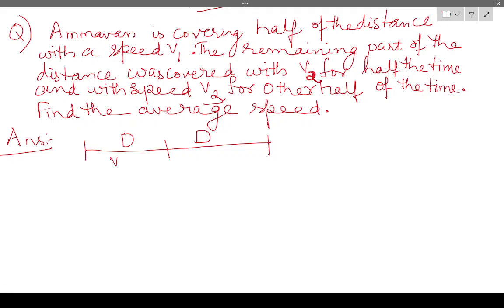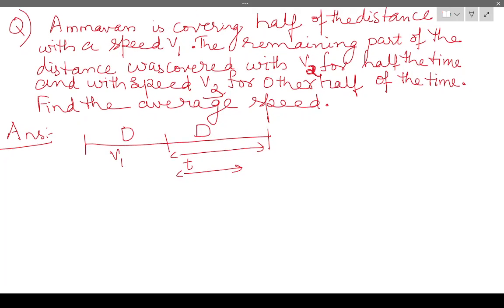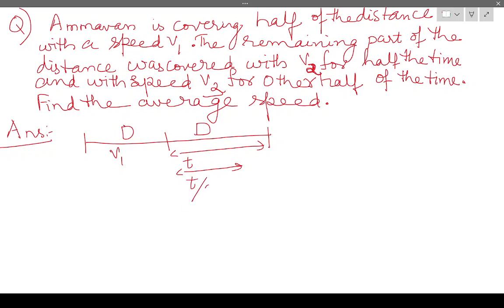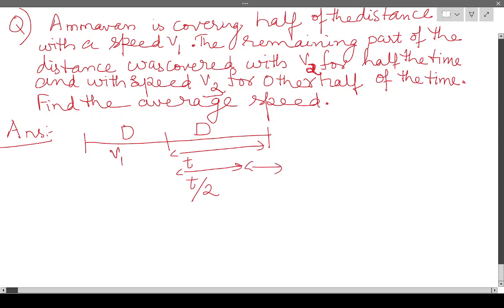First half of the distance with v1, and remaining another, let us assume the time interval is t, and this is going to be t by 2 with a speed v2 and another t by 2 with a speed v3. This is v2 and this is v3.